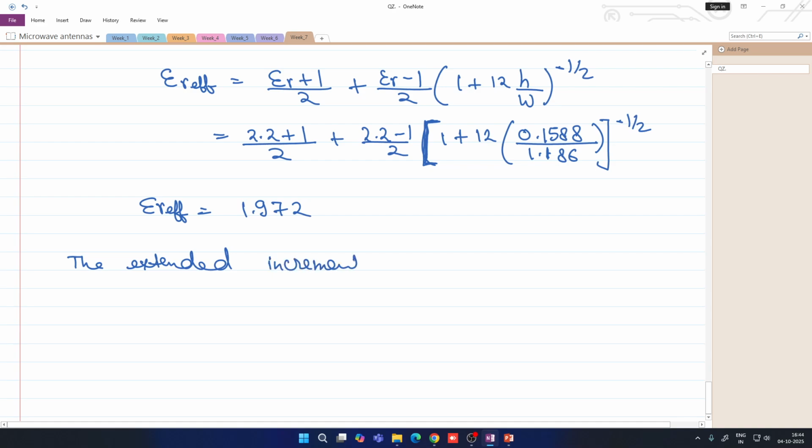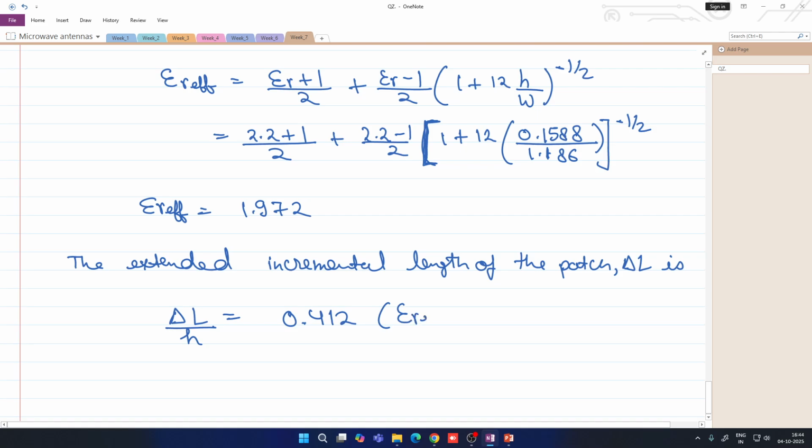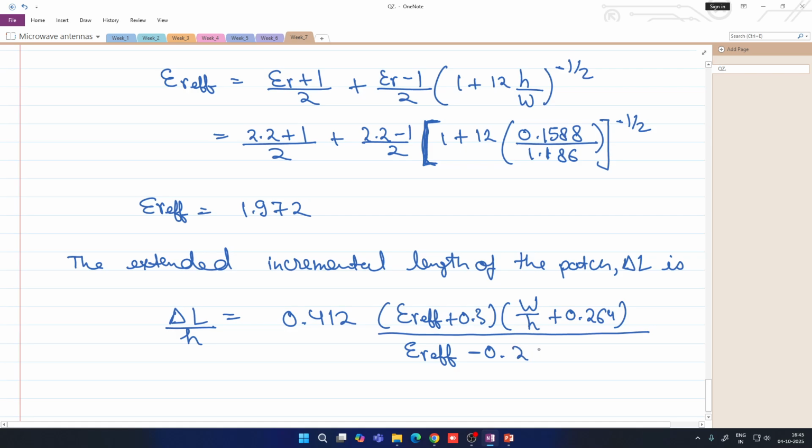And the extended incremental length of the patch, that is delta L, is given by this formula: delta L by h is equal to 0.412 into (epsilon r effective plus 0.3) into (w by h plus 0.264), divided by (epsilon r effective minus 0.258) into (w by h plus 0.8).